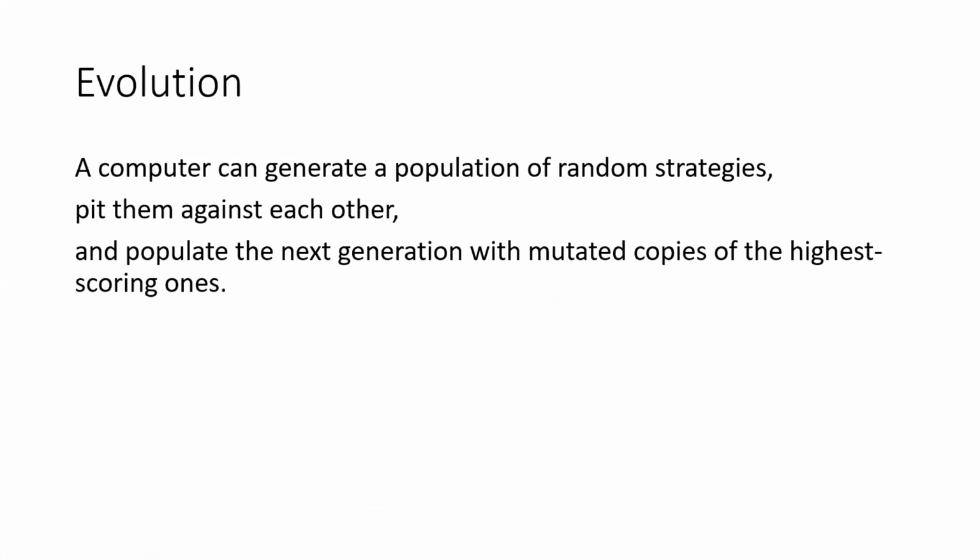Then it can take the highest scoring strategies and change each one of them by just a little bit. So take and alter a certain number of those ones and zeros, and then replicate them in the next generation, and then pit them against each other, and so on and so forth.